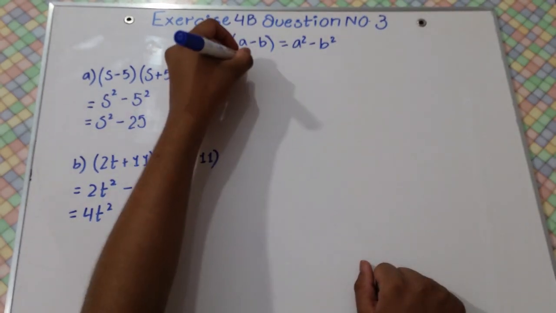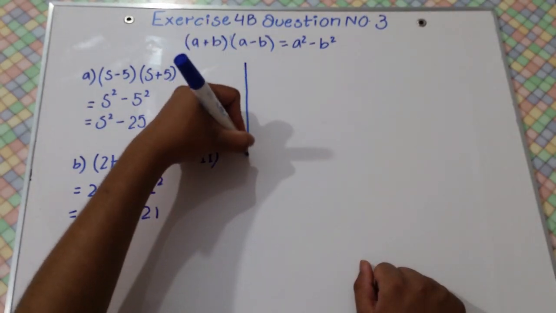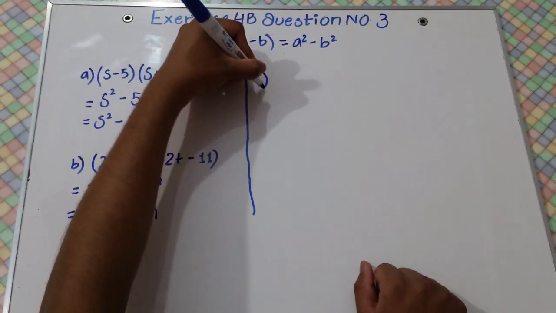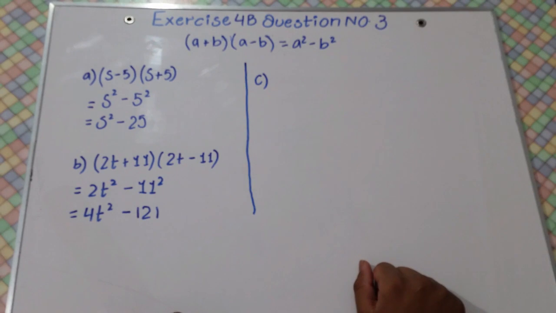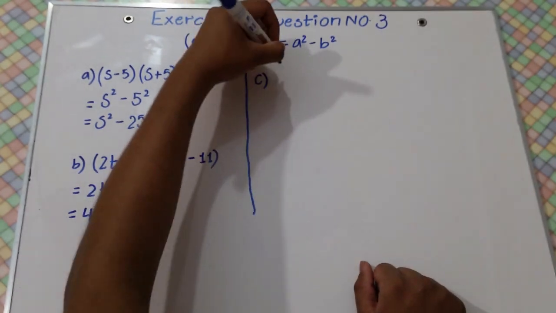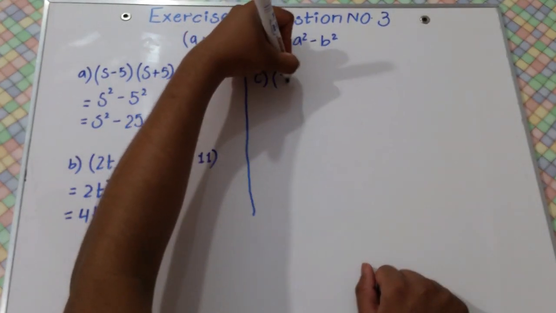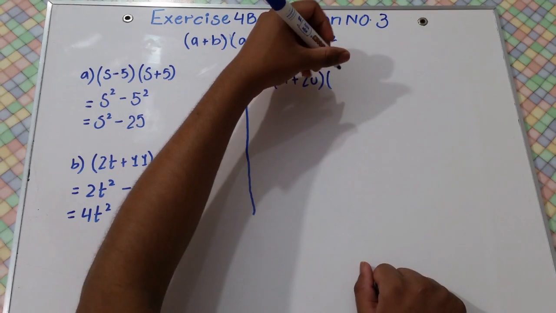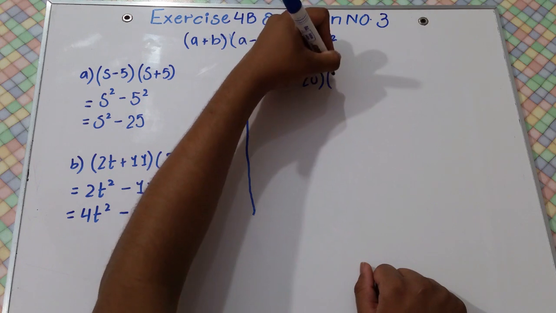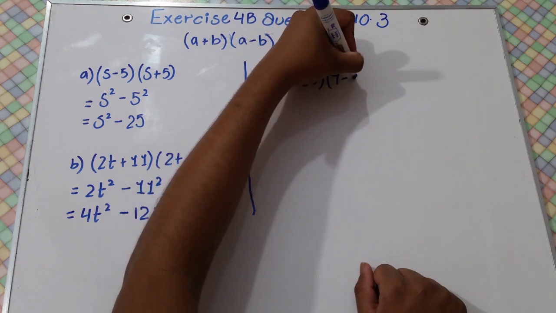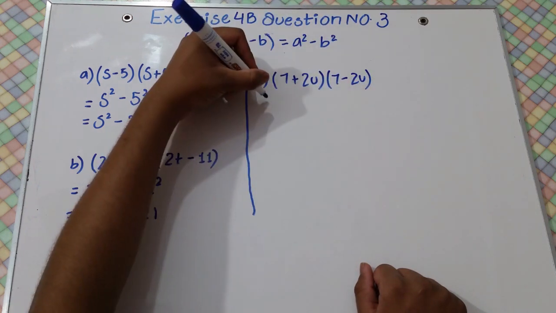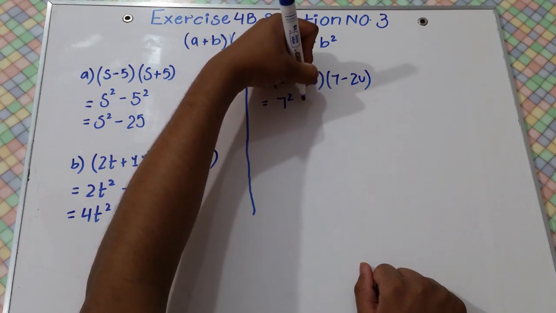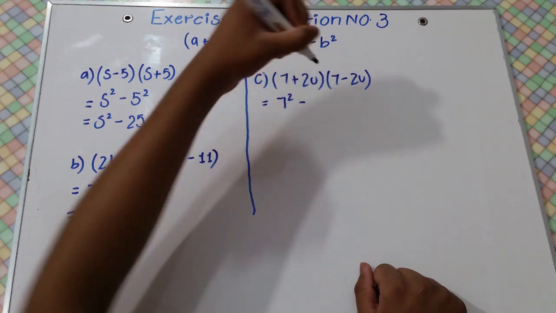Now let's move towards part C. So part C says 7 plus 2u and 7 minus 2u. So 7 one time, 7 square, minus plus is minus.